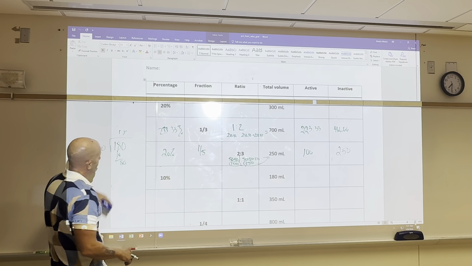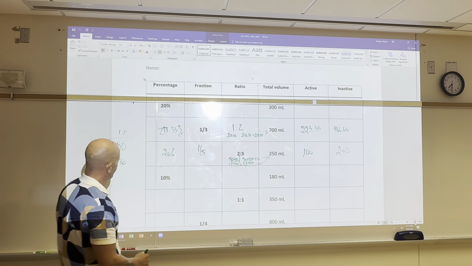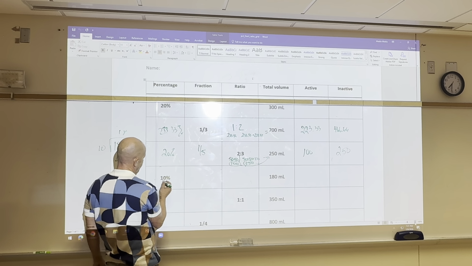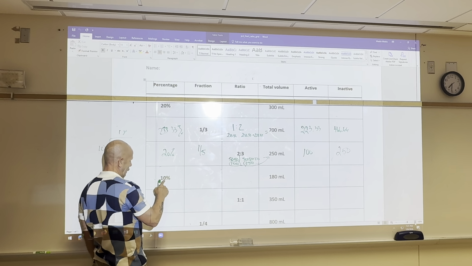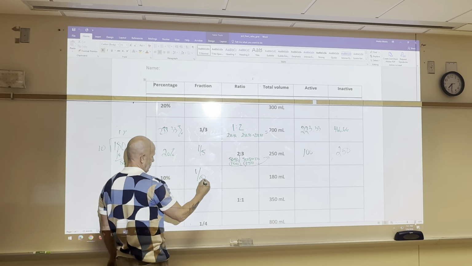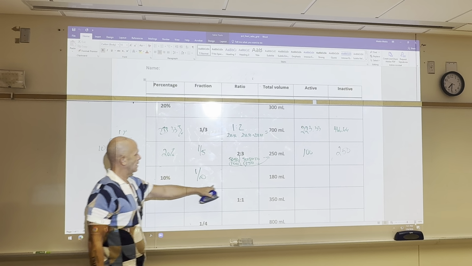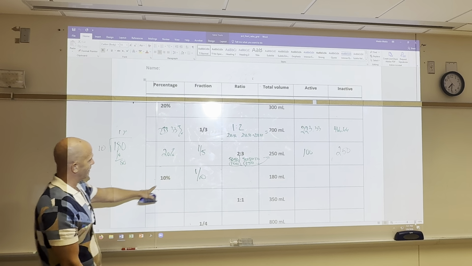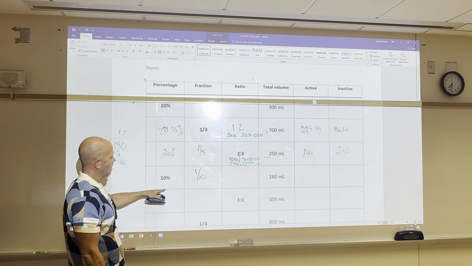All right. So, if you got 10%, what would this fraction be? If this is 10%, what am I going to write the fraction as? How many times does 10 go into $1? 1/10. Okay, so we got this now. Well, we've got 180 mLs, and 10% of that is active ingredient.